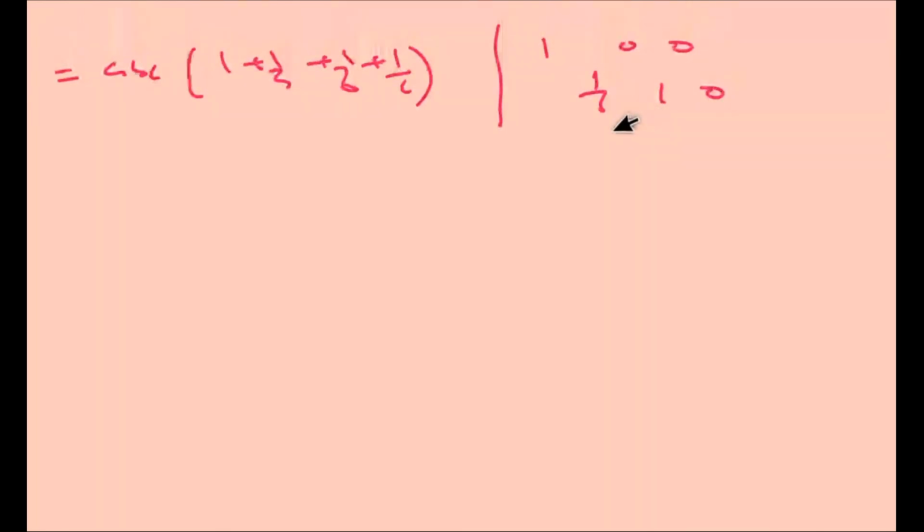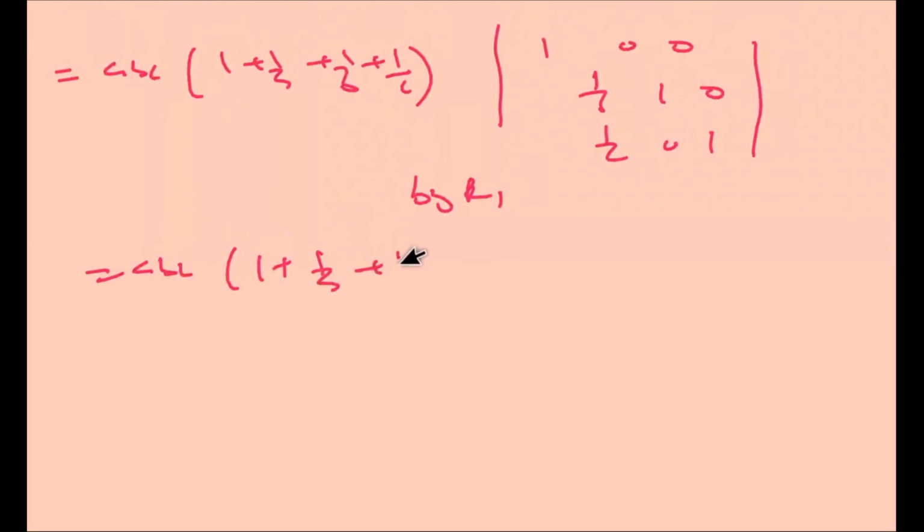So now we get abc times (1 plus 1 upon a plus 1 upon b plus 1 upon c) times the determinant with rows 1, 0, 0; 1 upon b, 1, 0; 1 upon c, 0, 1. Now we can expand by R1.